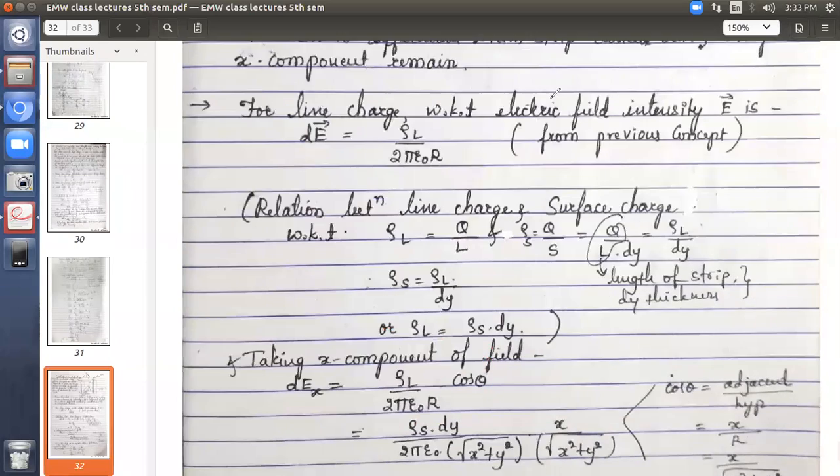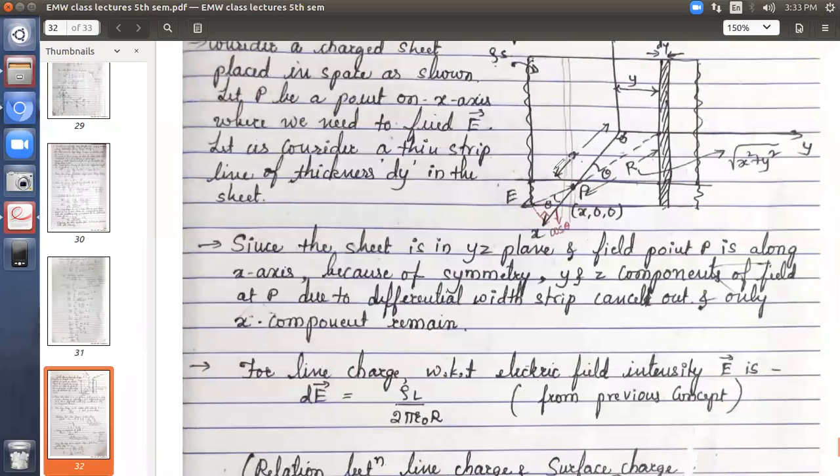Okay, see here. Let me draw this. It looks something like this. This is your point P and this is the angle theta. If that is the case, then this is your field E. This is your x direction.